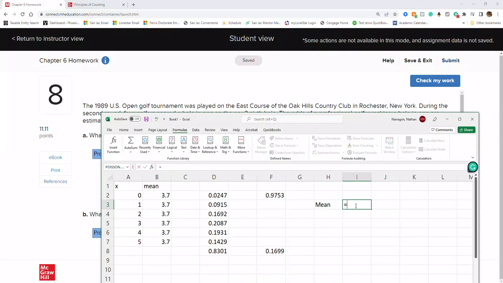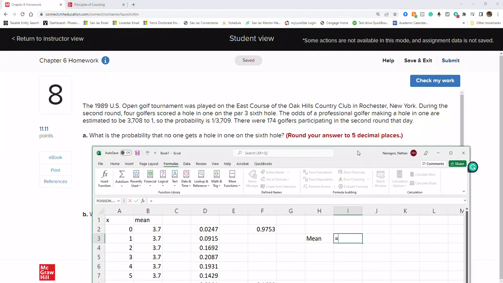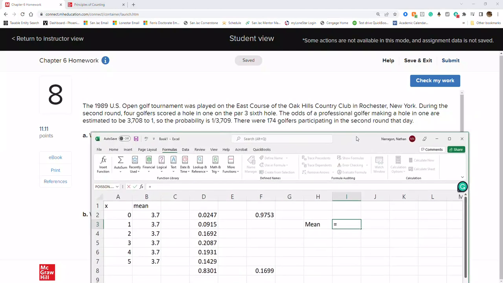And this is going to equal to N, which is the number of golfers. So we have 174 golfers. And multiply it by the probability percentage, which happens to be 1 divided by 3,709.